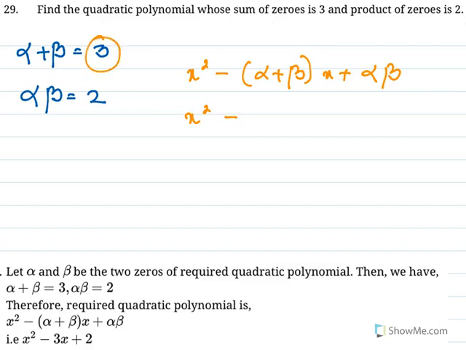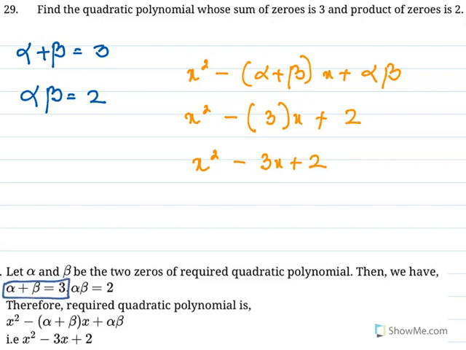So x square minus 3x plus 2. So the quadratic is x square minus 3x plus 2, and that's exactly what is done here. We have alpha plus beta given as 3, alpha beta given as 2, then we have x square minus (alpha plus beta) x plus alpha beta.